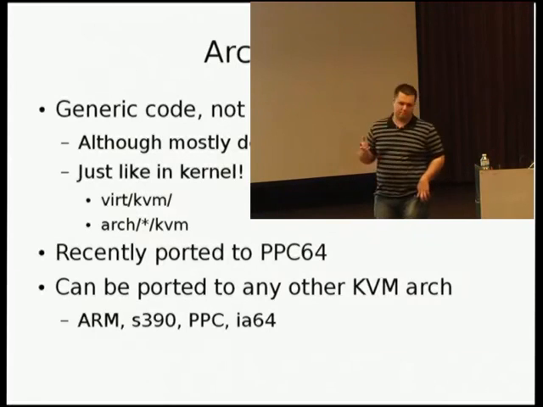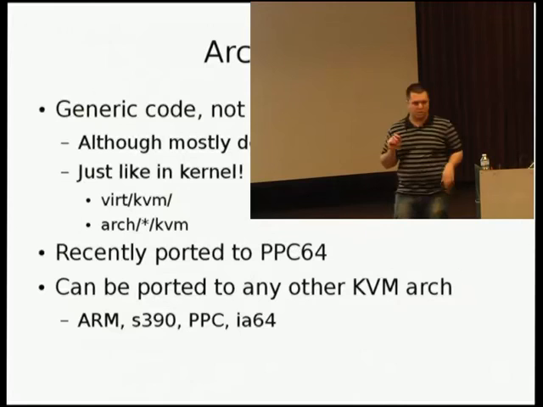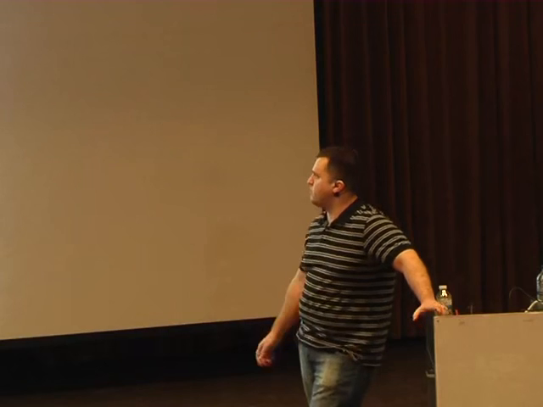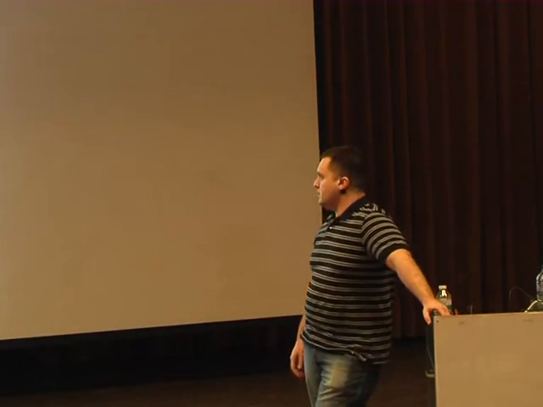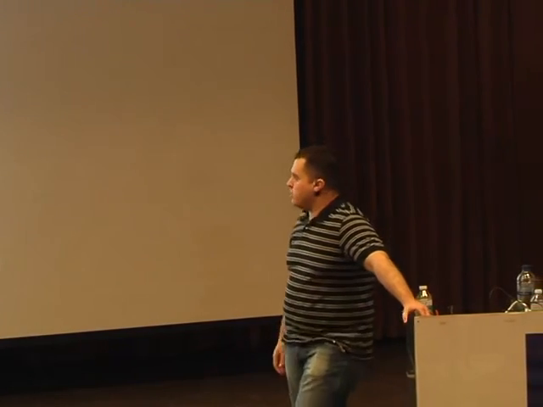You just had to do 20 patches, small ones, and bam, you have PowerPC 64 support. Basically, the tool can be ported to any other architecture which KVM runs on. We'd be happy to see ports to either one of these if anyone feels like stepping up to the challenge. From what I've been told, x86 is the hard one, so this one is supposed to be much easier. Hopefully someone will do it.